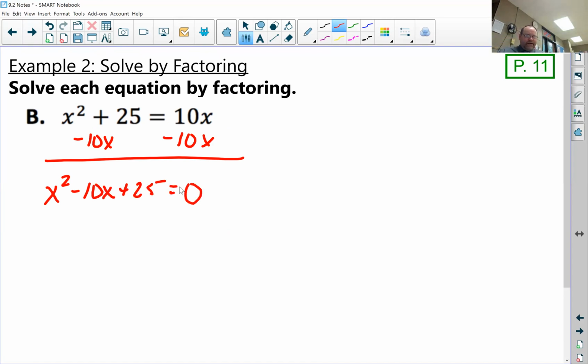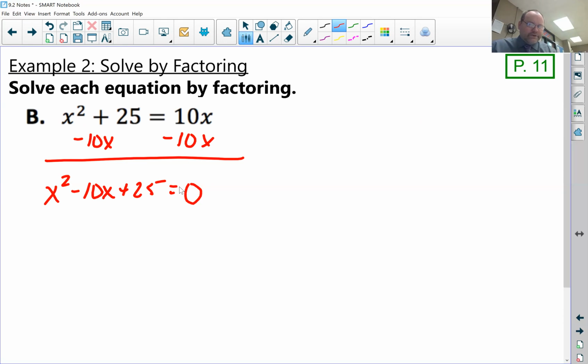And I can't do anything to simplify on the left-hand side because I don't have any like terms. So I can't say like x squared minus 10x is negative 9x, or negative 10x plus 25 is 15. That doesn't work. They're not like terms. On the right-hand side, the 10x minus 10x, that I can combine to get my 0.